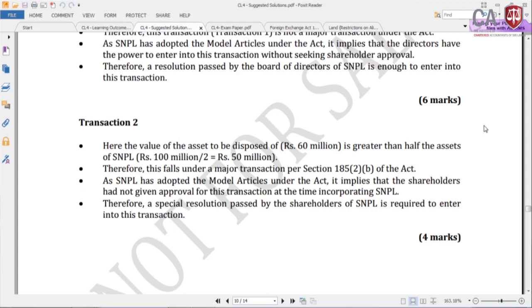Therefore, a special resolution passed by the shareholders of SNPL is required to enter into this transaction because it is considered a major transaction, because it falls within section 185.2b of the Act.